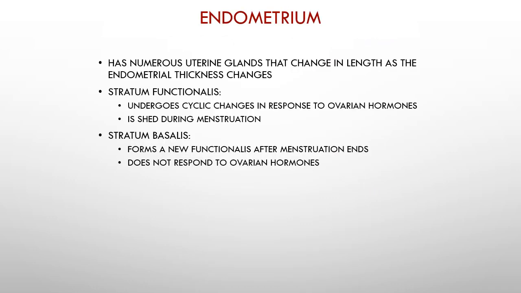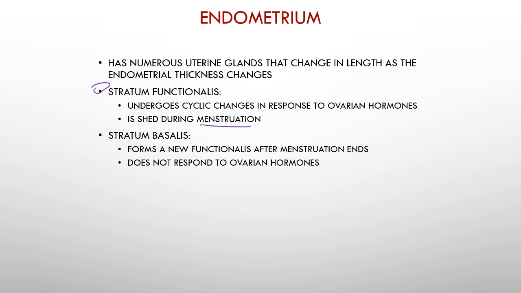So the endometrium is the structure that is the functional portion of the uterus. And truly the functional part is the stratum functionalis. This is where, through the influence of hormones, the functional layer is going to grow through the first portion of the cycle. And then eventually at the very end of the cycle, it will be shed with menstruation.